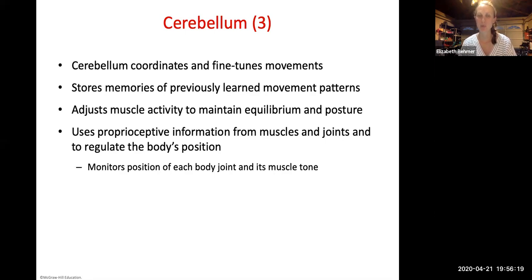It uses proprioceptive information from your muscles and joints to regulate the body's position. So proprioceptive information is just the ability of your muscles and joints to know where they are in relation to each other. So this all happens in the cerebellum, a really important part of the body. So the answer to number 17, equilibrium, posture, adjusting skeletal muscle activity, that all happens in the cerebellum.